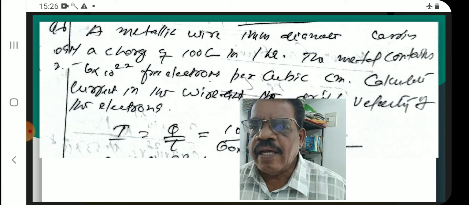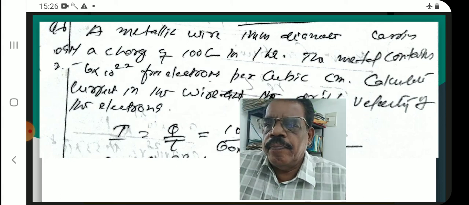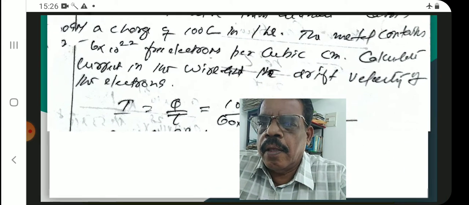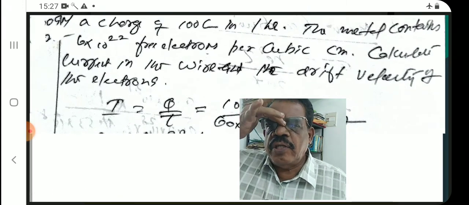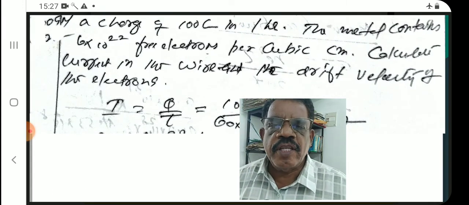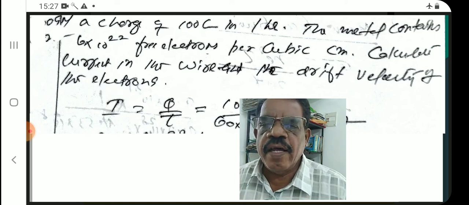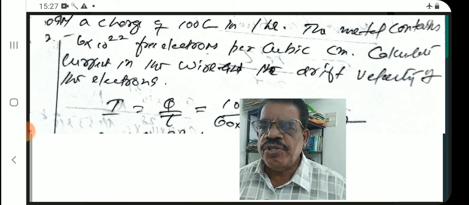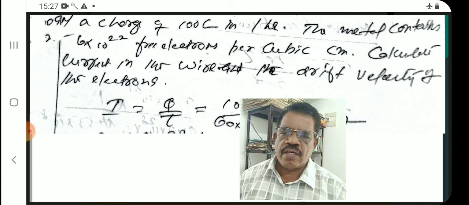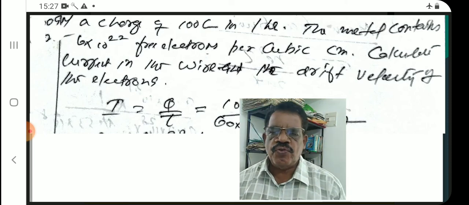The metal contains 6 into 10 raised to 22 free electrons per cubic centimeter. Calculate the current in the wire and the drift velocity of the electrons. Current in the wire and drift velocity of electrons we have to find.